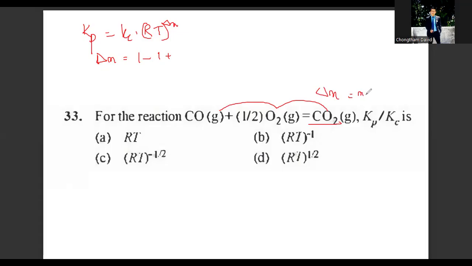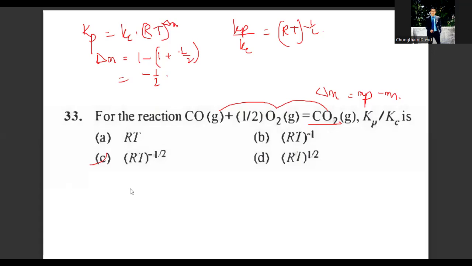Delta n equals np minus nr. Okay, so 1 minus 1 plus 2. Calculate this, it is minus half, right? So the ratio of Kp by Kc would be RT to the power minus half. Answer is option C. Okay, I hope this is clear.